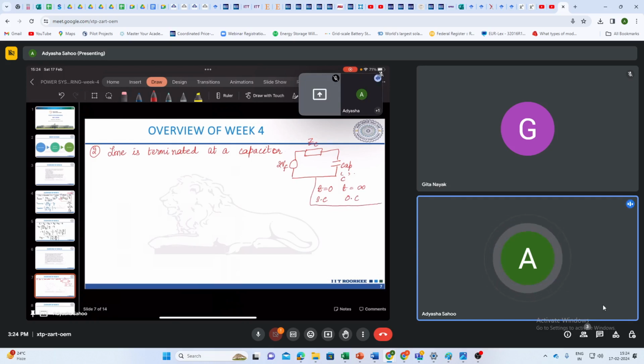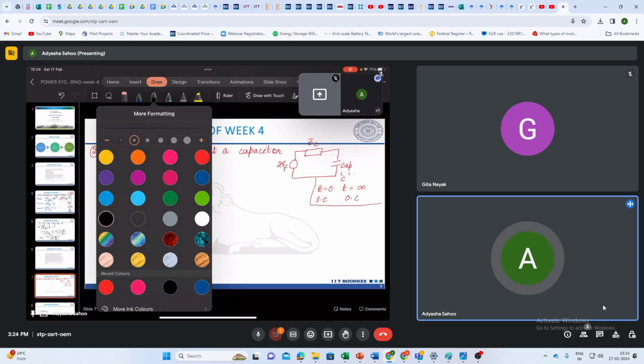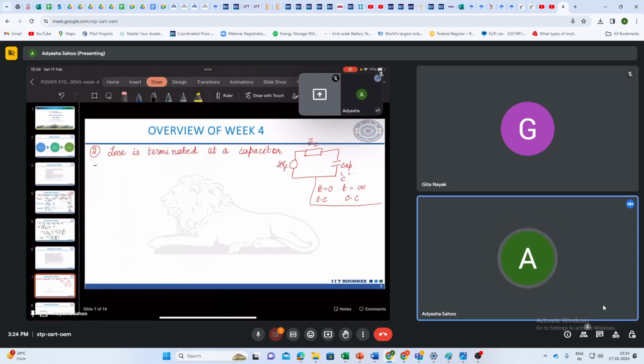So if I find the refraction coefficient here, T refraction, we had seen previously it was 2ZL divided by ZL plus ZC.